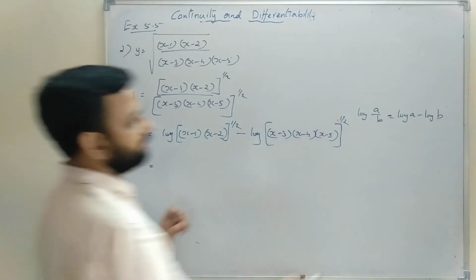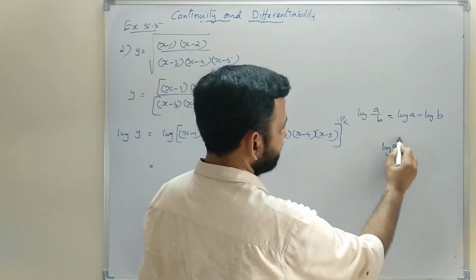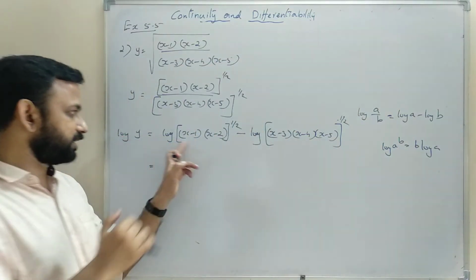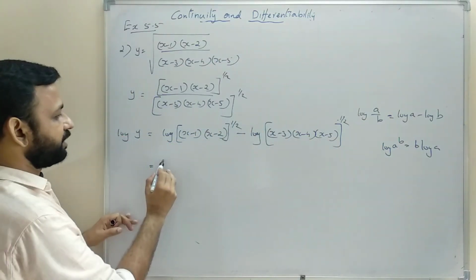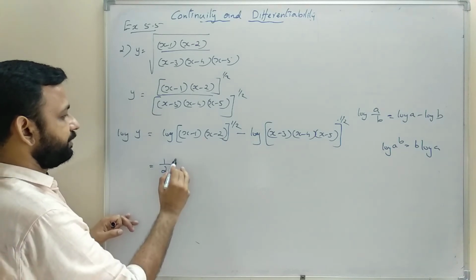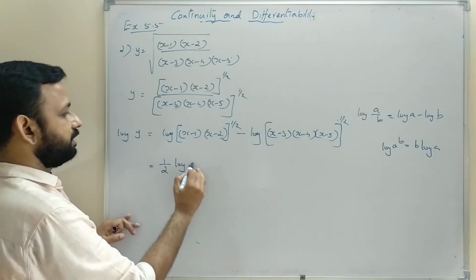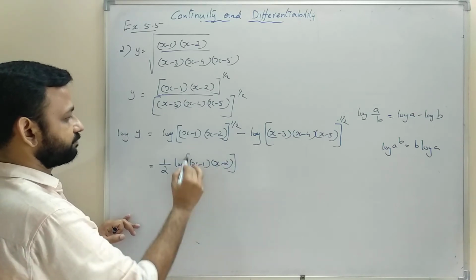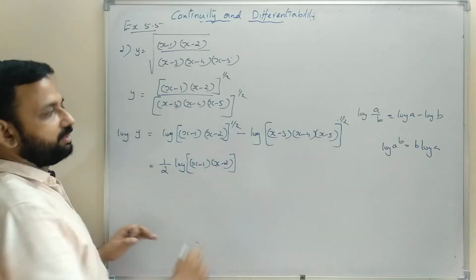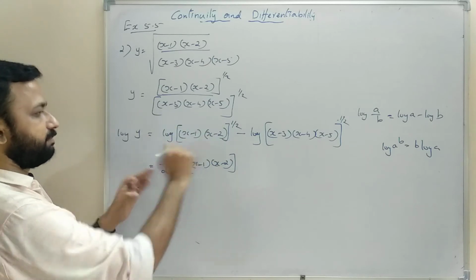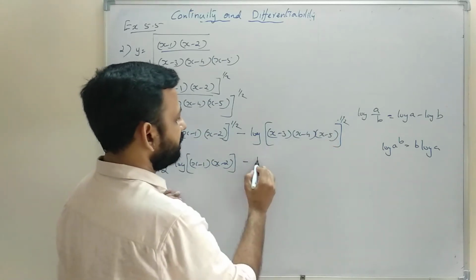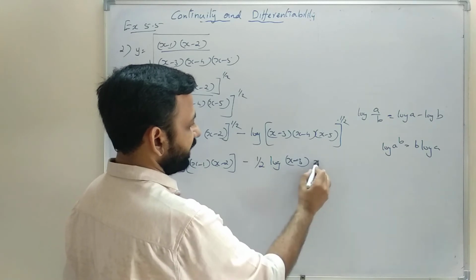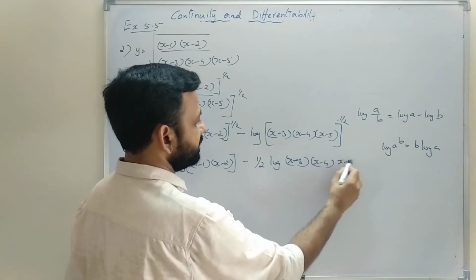Log A raised to B equals B log A. So log of this one raised to 1 by 2 we can write as 1 by 2, then log of x minus 1 into x minus 2, minus again 1 by 2 log of x minus 3 into x minus 4 into x minus 5.